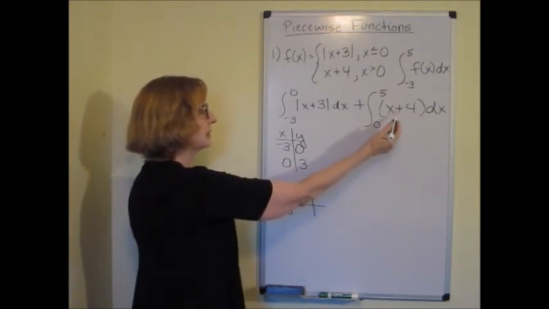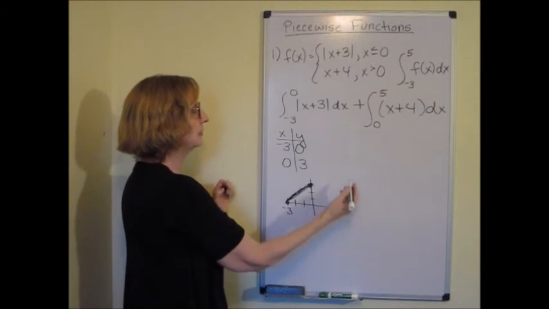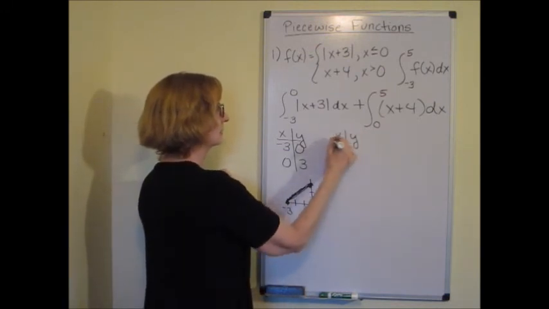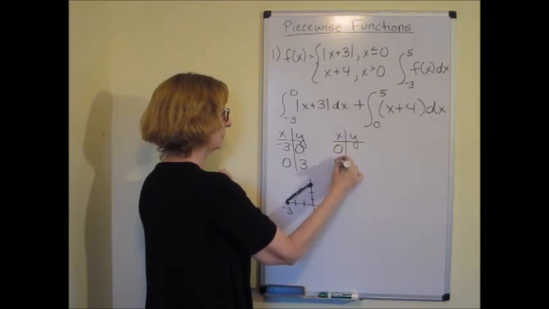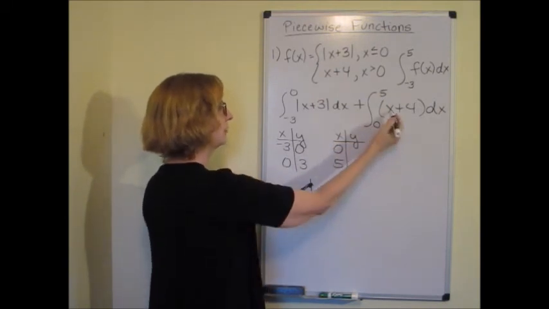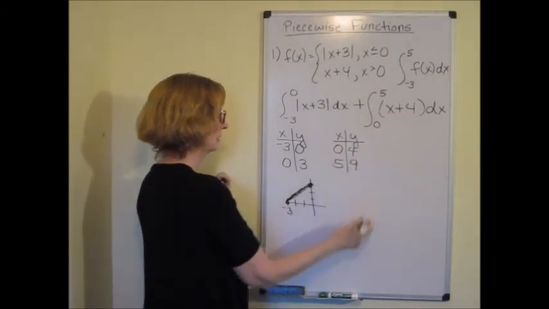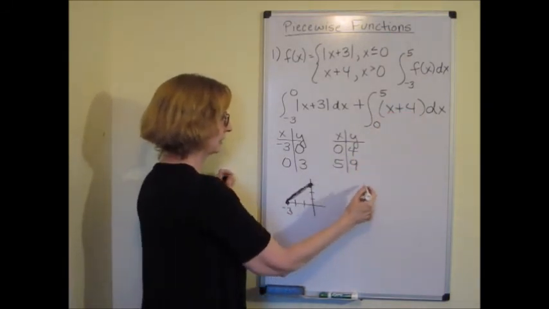For the second piece, from 0 to 5, I'm going to pop in 0 and 5 to see what it looks like. 0 in for x, you get a 4. 5 in for x, you would get a 9. So this graph would look something like this.